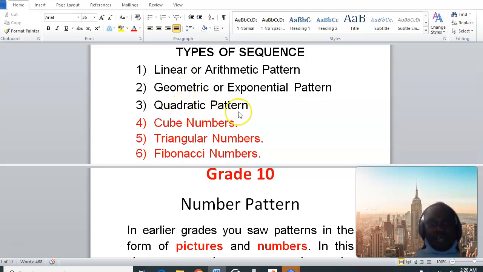Then quadratic pattern. We also have cube numbers, triangular numbers, Fibonacci numbers. But we are not going to talk about those. We will dwell on the 3. But today in this video, we'll look at only linear pattern.